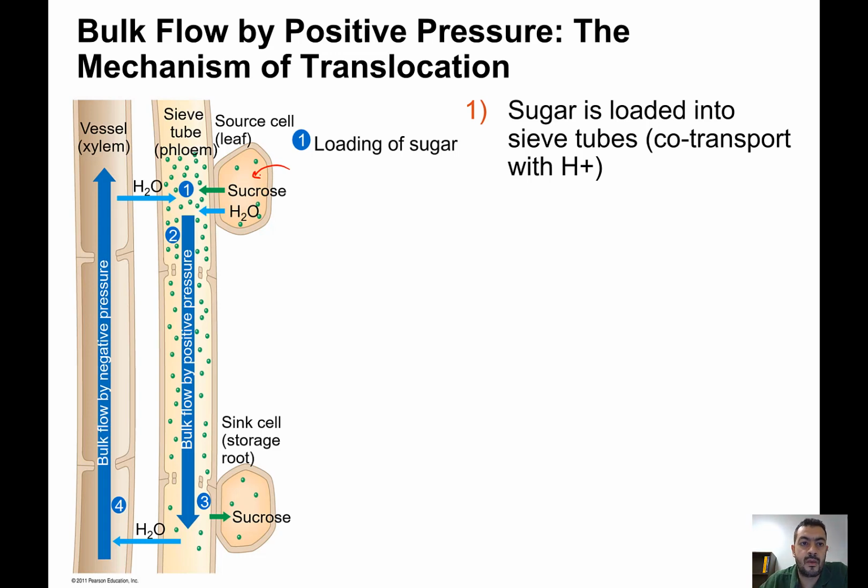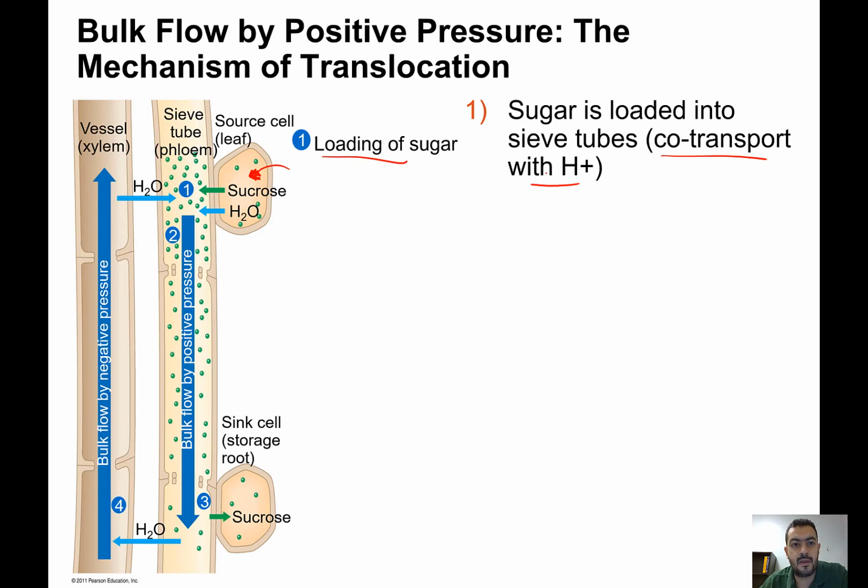So the first step is the transport of sucrose from the mesophyll to the sieve-tube element. The first step is to load the sugar into the sieve-tube element, and this requires co-transport, as we said before, with the protons, to invest the proton gradient in this loading.